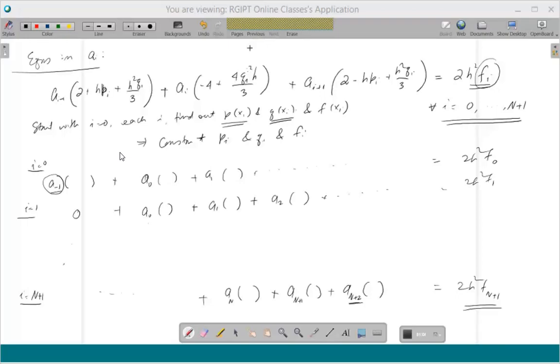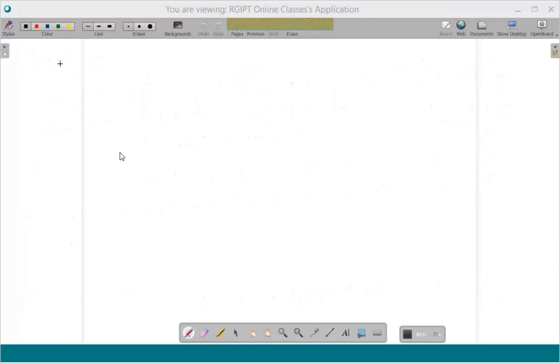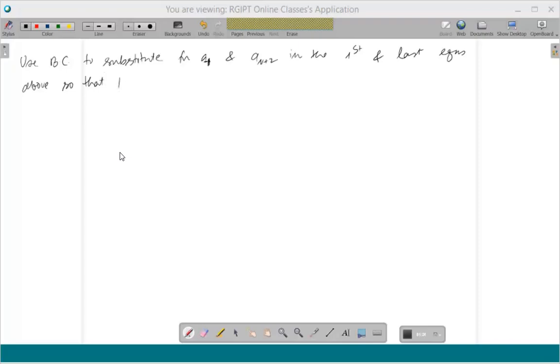So after substituting the boundary conditions, we use boundary conditions to substitute for a minus 1 and a n plus 2 in the first and last equations above, so that the final form is as follows.